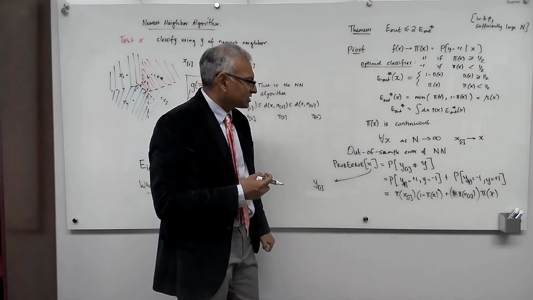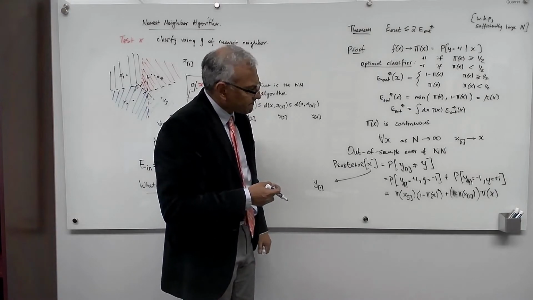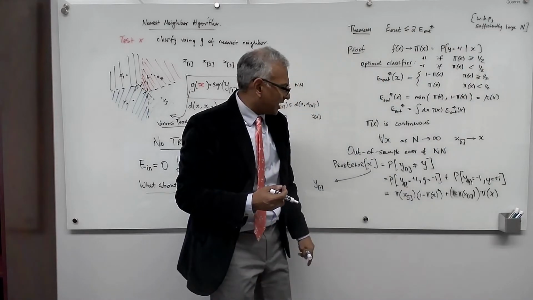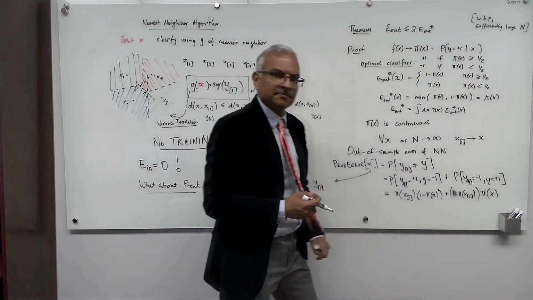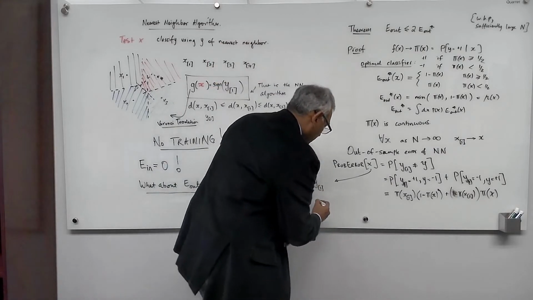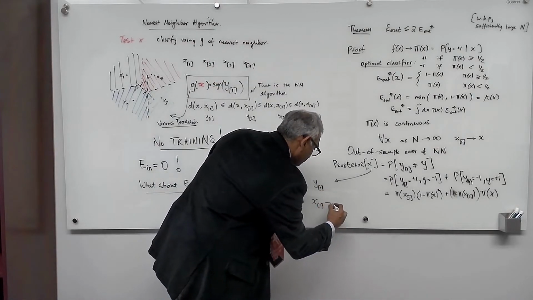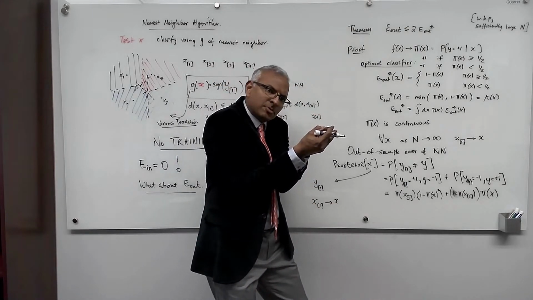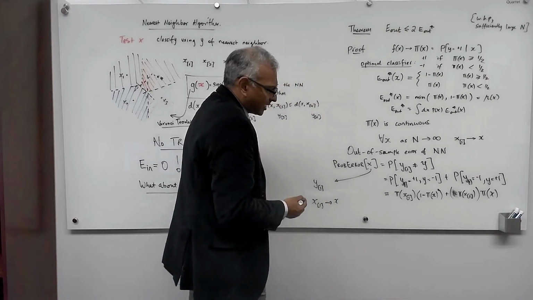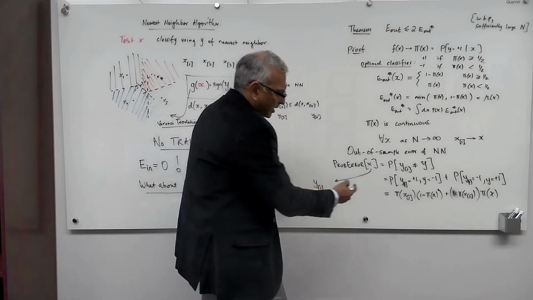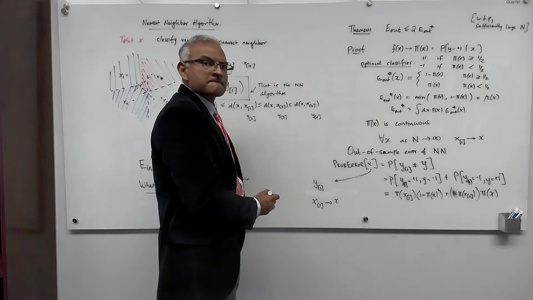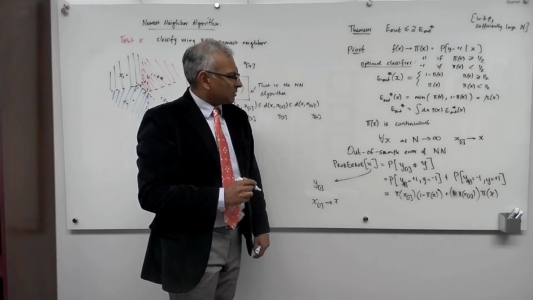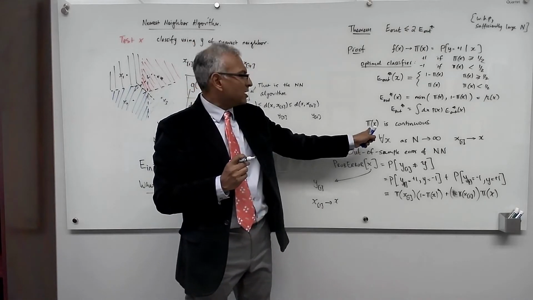Now comes the first assumption. The first assumption is that as you have enough data, for sufficiently large n, X1 approaches X for all X. It means that as you generate more and more data, the nearest neighbor to X is basically approaching X. And now comes the second assumption, the definition of continuity, so pi of X is continuous.